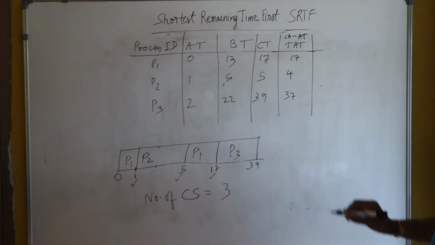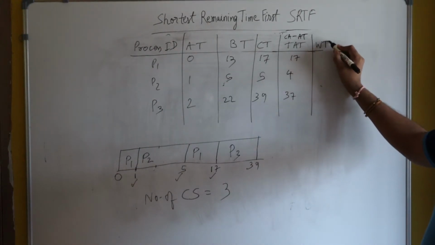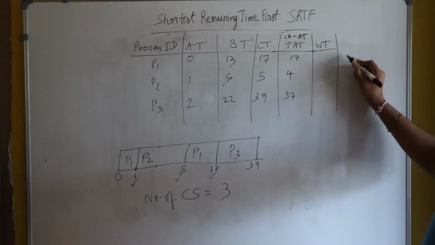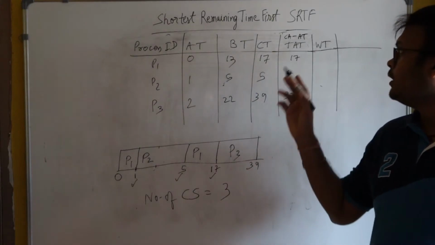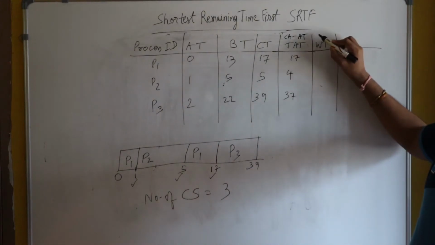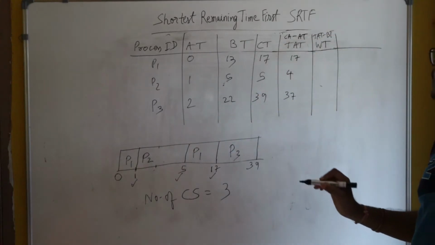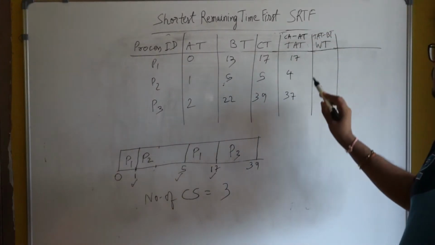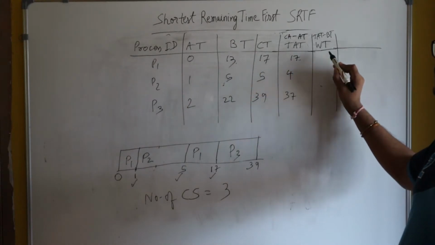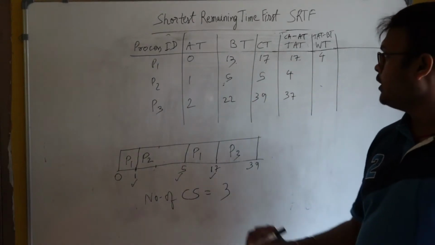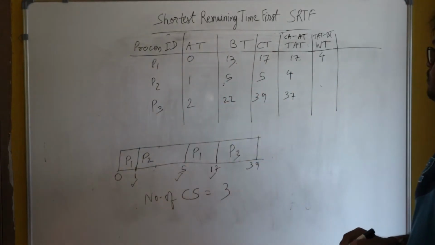Okay. So let's calculate the wait time. What's the formula for waiting time? Turnaround time minus burst time. 17 minus 13, 4. So waiting time of P1 is 4 seconds.